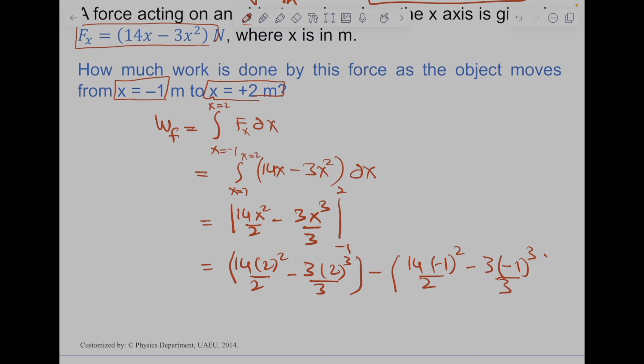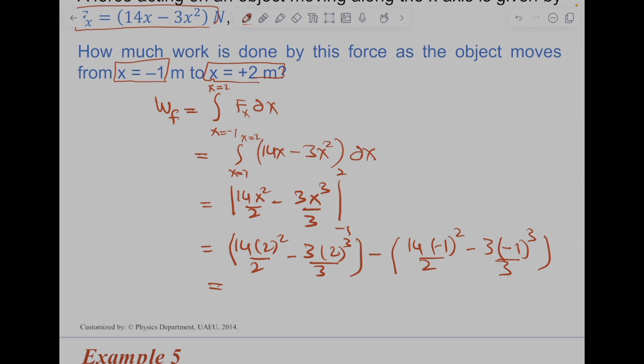Now when we calculate this, we get 20 minus 8, which is 12 joule of work done by that force.